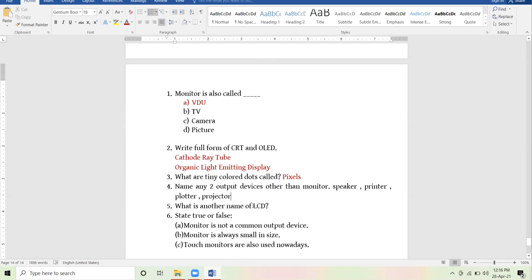What is another name of LCD? What is another name of LCD? Let me find some other student who will answer this question. Okay, Rajvinder, you unmute yourself and answer this question. Rajvinder, unmute yourself.